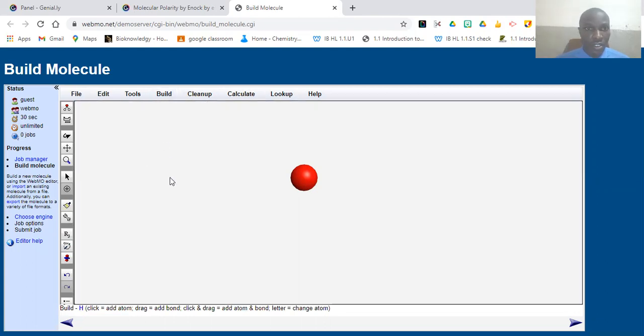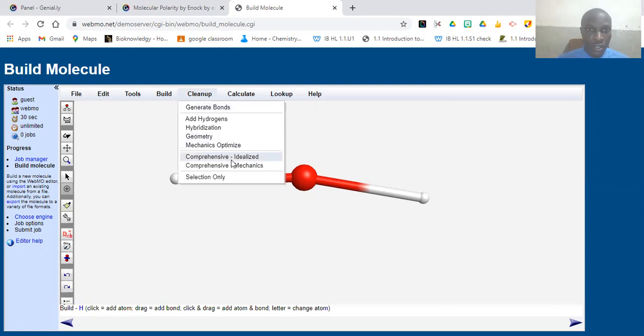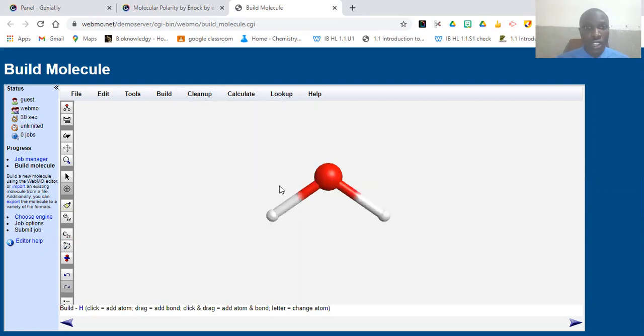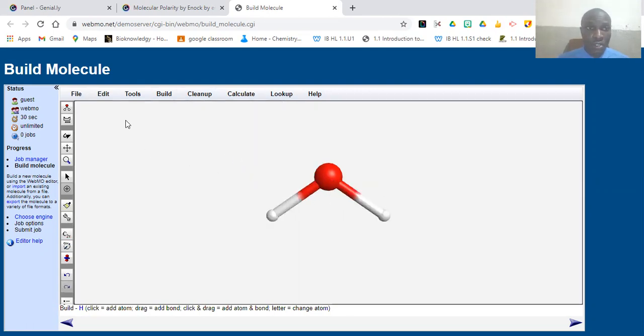That is hydrogen, another hydrogen. Let me put them there. We have a bond here, and then also a bond there. Let's first of all get the idealized structure. That is the idealized structure of water.